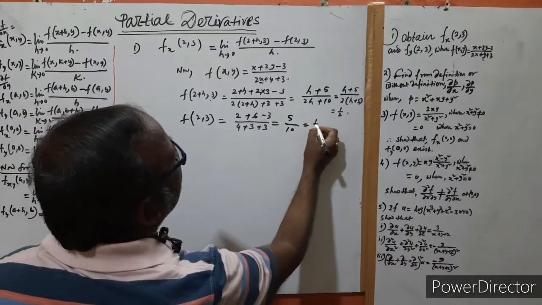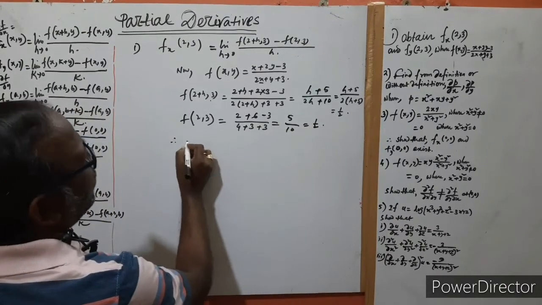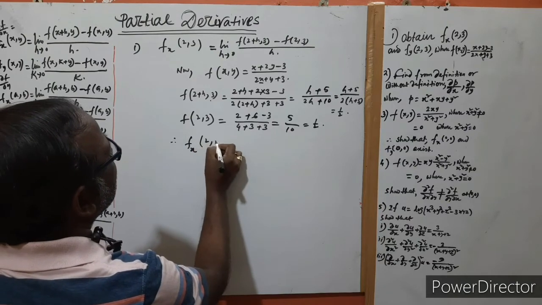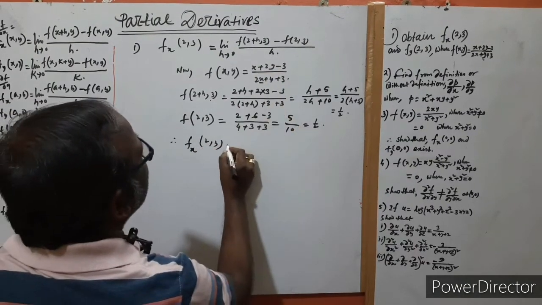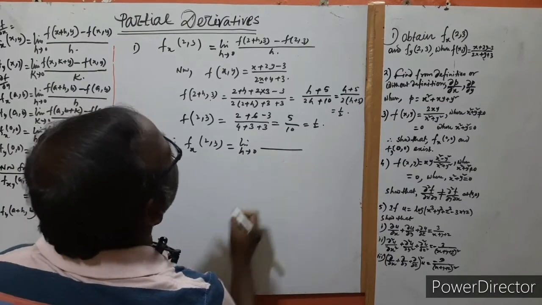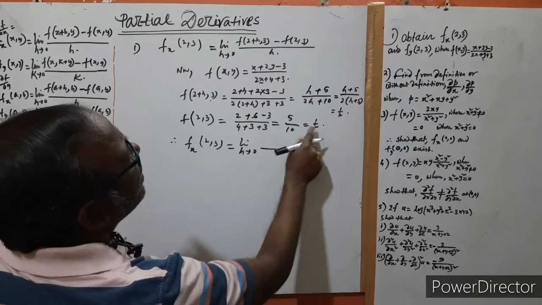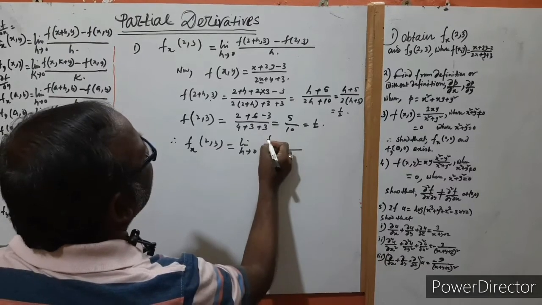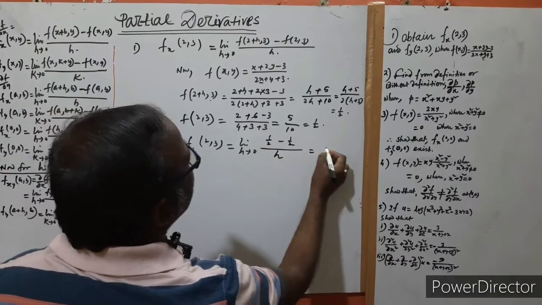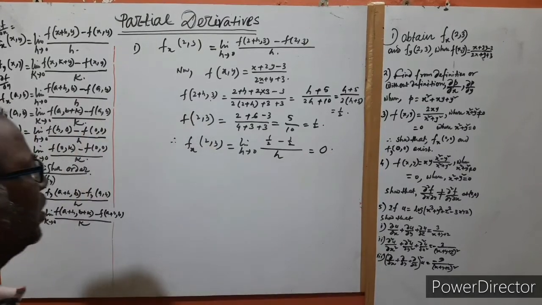So this is a half. Therefore f_x at (2, 3) is the limit as h tends to 0 of (1/2 - 1/2)/h, and this is 0.